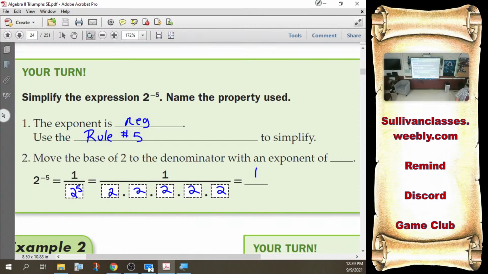Y'all, in 10th grade, we started doing multiplication tables in 2nd. If you don't know how to do 7 times 8 off the top of your head by now, grab the calculator. Let it do it for you. We got other stuff to learn. I'm okay with that, because these are the skills we're supposed to be learning, and that's just a tool to help us learn the thing we're supposed to be learning. So please make sure you got a calculator, you know what you're using, or you know how to use. But yes, it is 1 over 32.